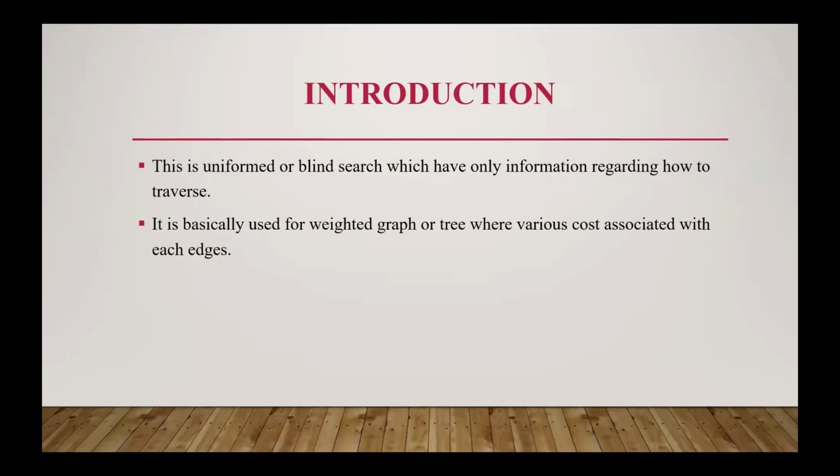When we get a weighted graph, we have to go for an uninformed search algorithm, where the cost, or weight, associated with each edge or link makes it a weighted graph or weighted tree.